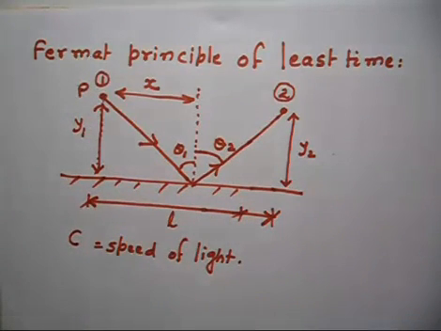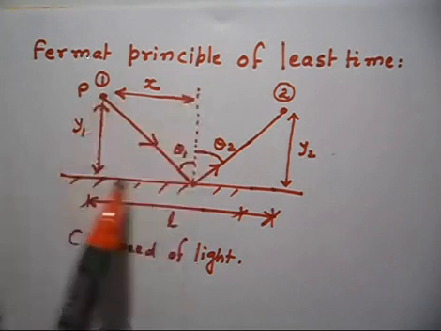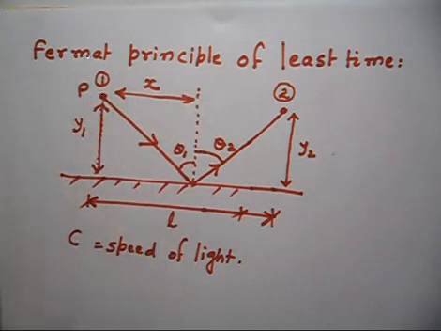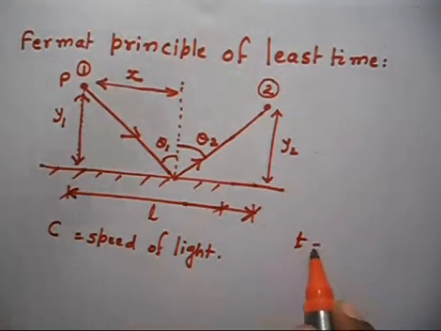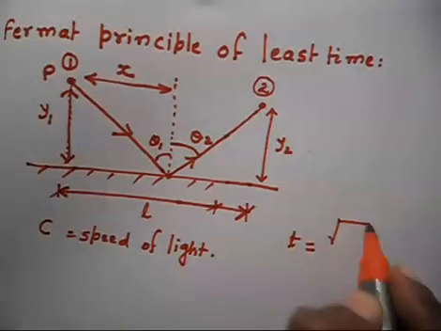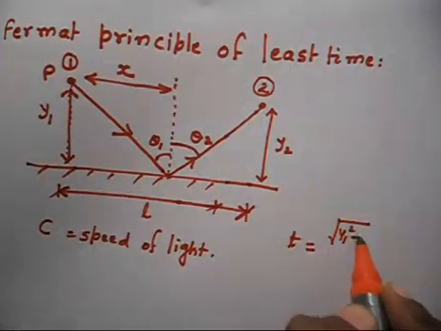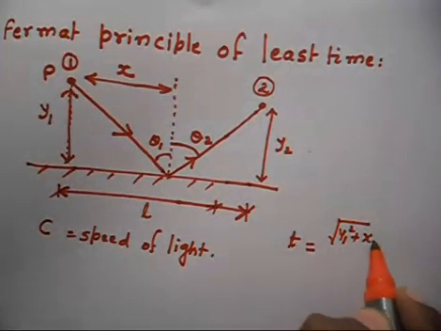The ray strikes the reflecting surface at a horizontal distance x from point 1. So the time t required for light to travel from 1 to 2 is to be proved as t equals square root of y1 square plus x square, plus square root of y2 square plus (L minus x) whole square, divided by c.